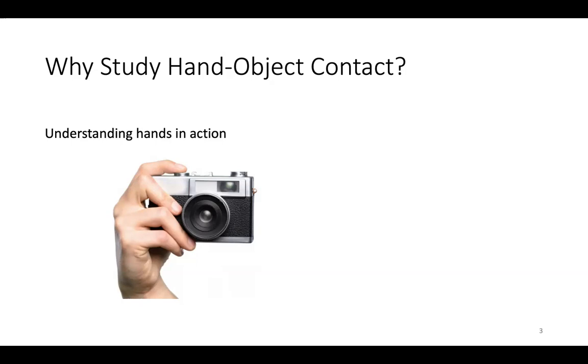I believe that if, building on top of recent advances on object detection in images and object pose estimation, which I've seen a lot of great work recently, we can in addition understand hand-object contact and also hand pose and things like that, it can open up a whole new way of communicating with computers.